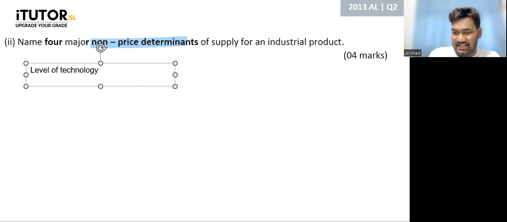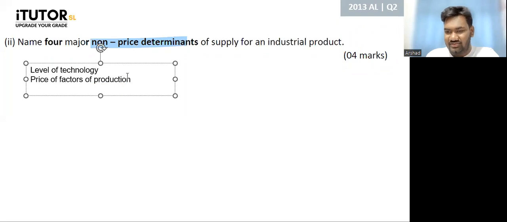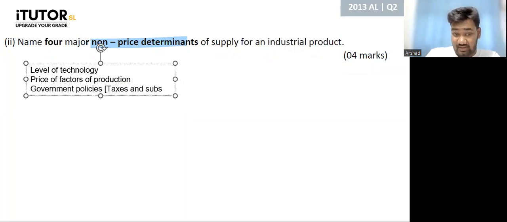In other words, you can say that is the cost of production. Okay, so you can say this. What else? Give the main ones first, guys. For an industrial good, what do you think? You can say yes, government policies, fine. Government policies like taxes and subsidies, correct?